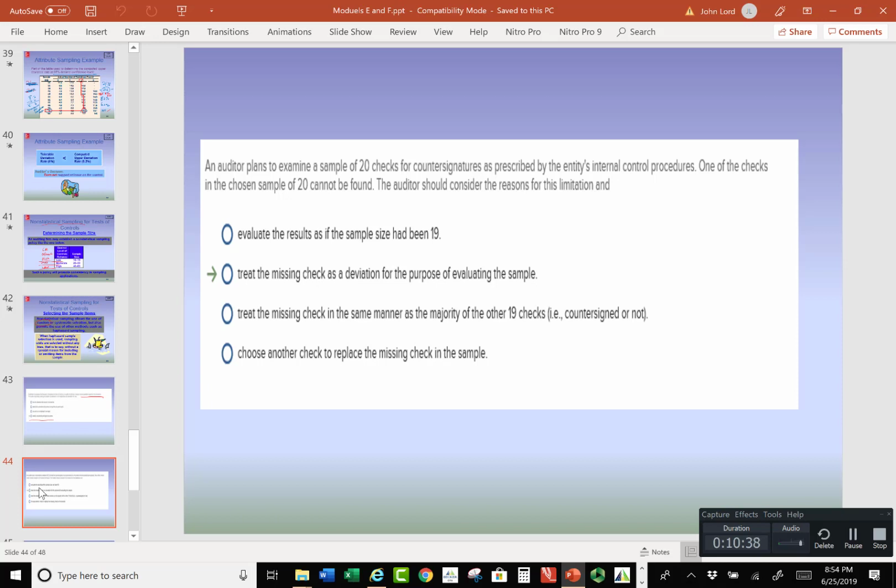Auditors are from Missouri, the Show Me state. We're not at the inquiry stage anymore. We're at the performance inspection stage, aren't we? I think at this point we have to see it. Treat it as a deviation. Just assume it wasn't signed.